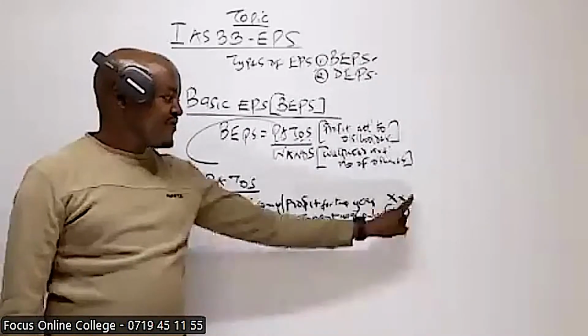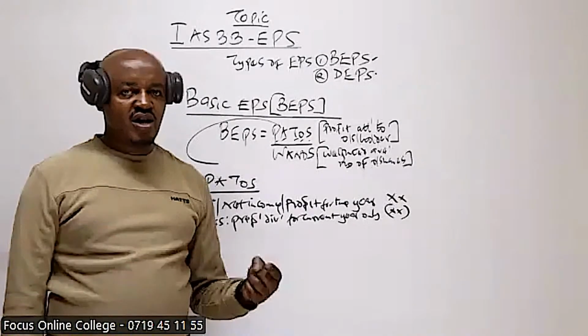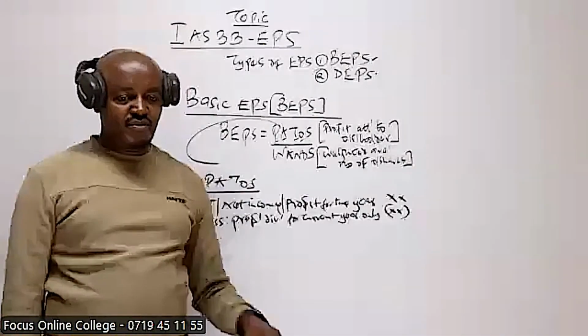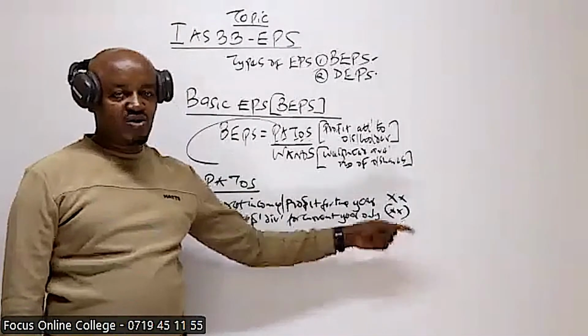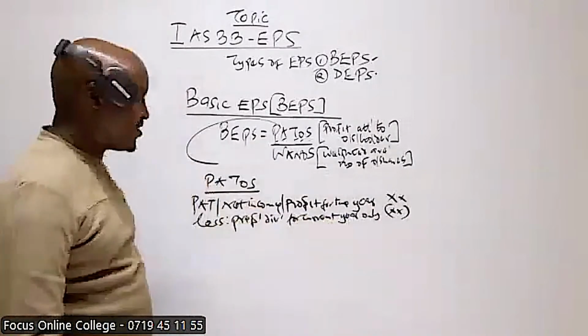In arriving at this profit, all expenses, including the finance cost, have already been deducted. So if the preference shares are redeemable, don't list their dividends here, because they have already been deducted as part of the finance cost.